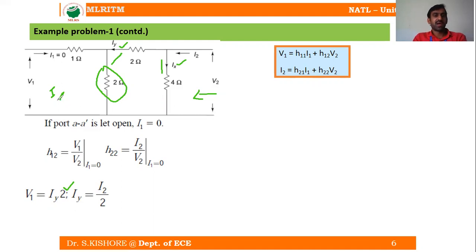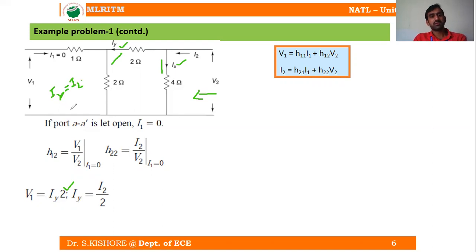So what is IY? By the current division rule, here there is only one source current, which is going to be I2, because I1 is equal to 0, so obviously I2 is the source.